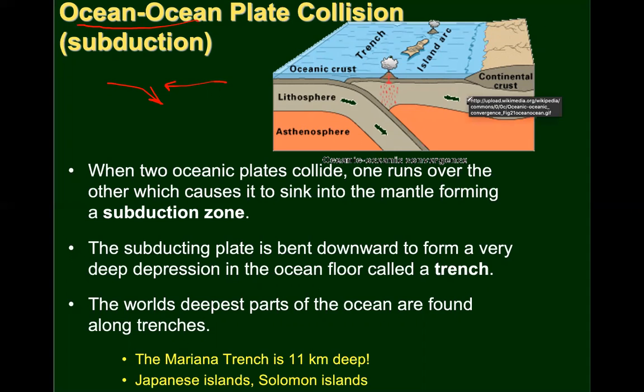Unlike the continental plates, which have a root to the mantle and are therefore very stable, oceanic crust does not have a solid root to the mantle, because it's very thin here. So one plate definitely subducts beneath the other.